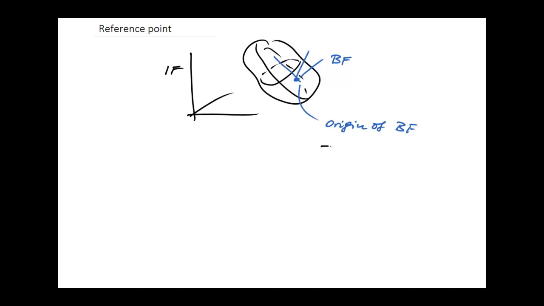This is the so-called reference point. At this point, this is just a word, but I would like to make an assumption about the reference point. Up to here, the location of the origin of the body fixed frame was completely arbitrary. But now for the remainder of this chapter, I would like to make an assumption about the reference point.